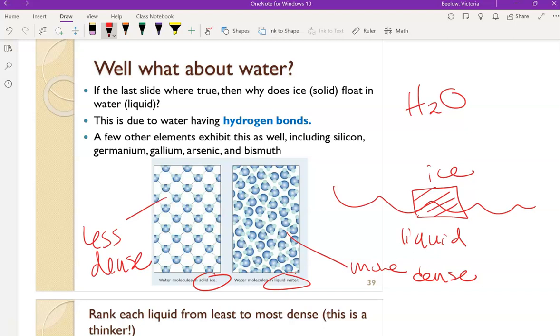So again, there are some exceptions to the phases of matter, solid, liquid, gas. But typically with most substances, the solid is the most dense, followed by the liquid, and then followed by the gas being the least dense. However, there are other exceptions as well. So not just water, but silicon, germanium, gallium, arsenic, and bismuth.